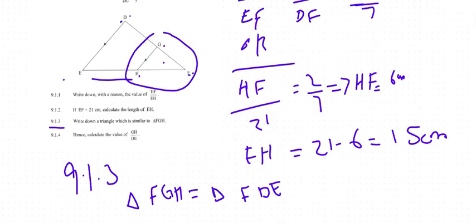And what is the answer of calculate the value of GH by DE? Okay, we have to calculate the value of GH by DE. This thing and this thing. So as you know, GH by DE equals FH by FE.